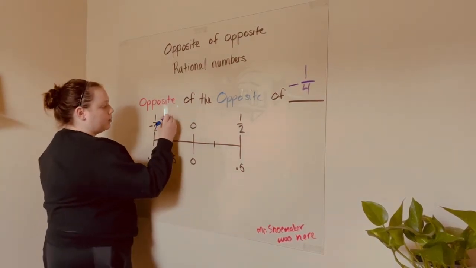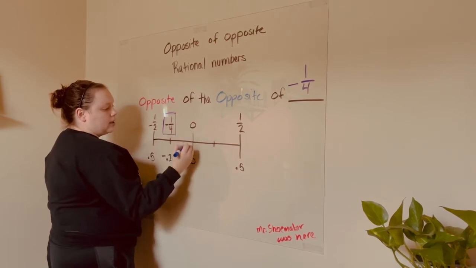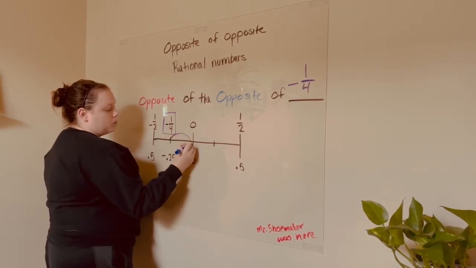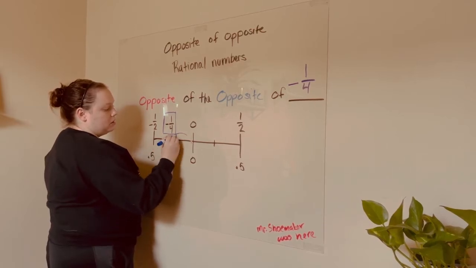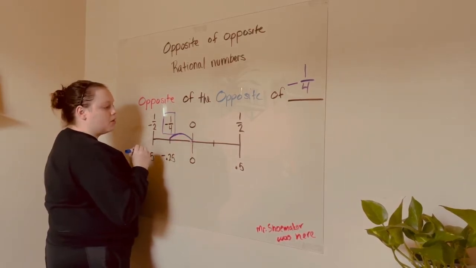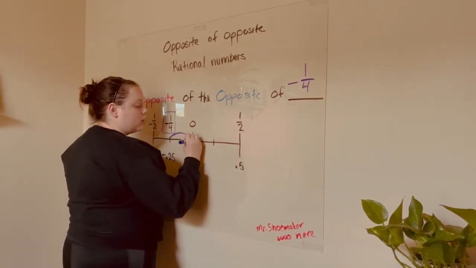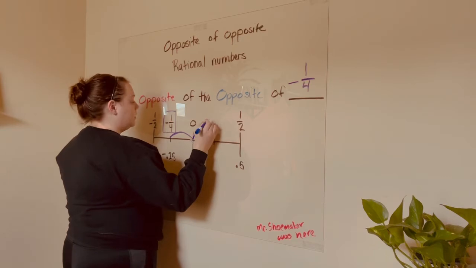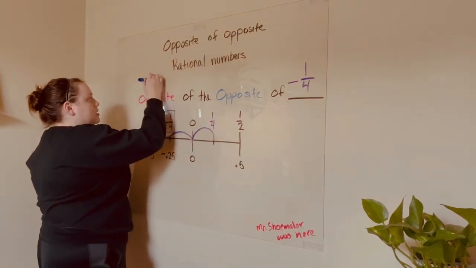I have -1/4 right here, and I need to find out how many jumps it takes. It takes one jump to get to 0. So I know that I'm going to have to go on the opposite side of this number line and do one jump. All right, that's 1/4 right here. So I know the opposite is 1/4.